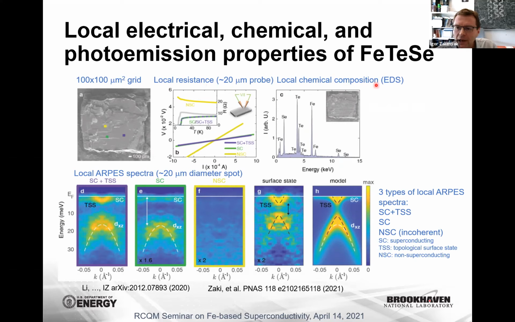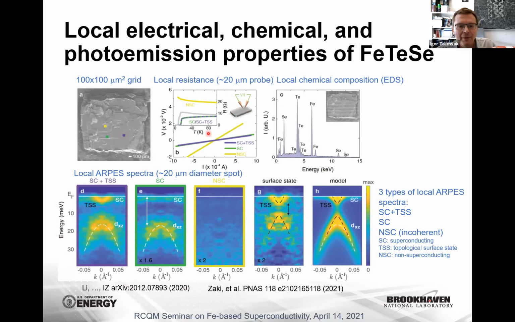Each little crystal was subjected to thorough analysis of its elemental composition and electronic properties by making a 100 by 100 micron grid on the surface of that crystal, and then measuring the elemental composition in each cell of that grid using EDS, measuring the electrical resistance on that little element of the grid by using the microprobe at the nanocenter, and by measuring the local electronic ARPES spectrum by using micron-resolved ARPES.